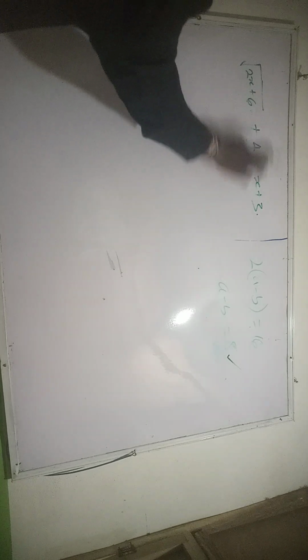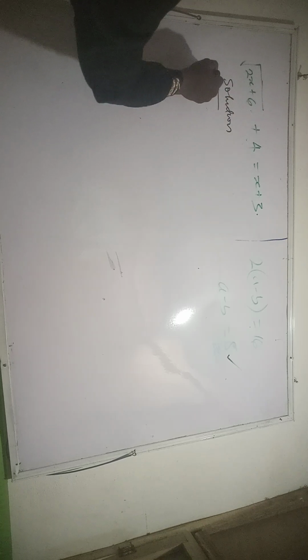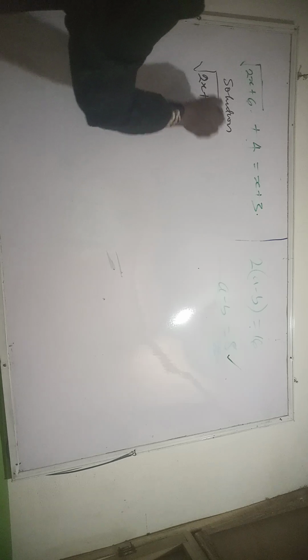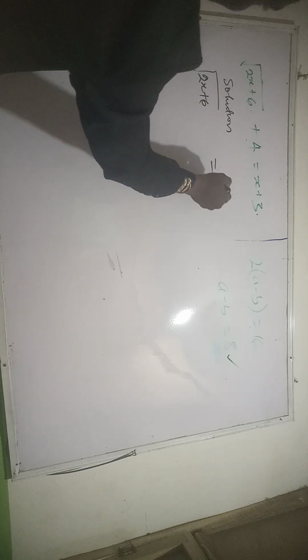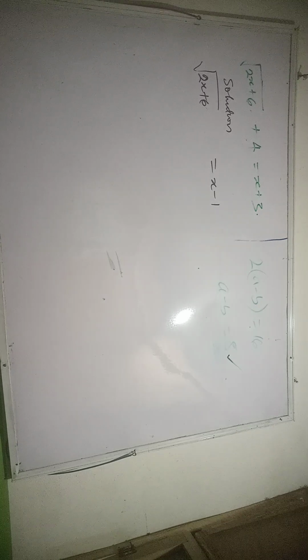What is the solution set of the equation above? If that is the case, then we take this to the other side. Solution: square root of 2x plus 6 equals x minus 1. That's taking 4 to the other side. 3 minus 4 gives you minus 1, so x minus 1.